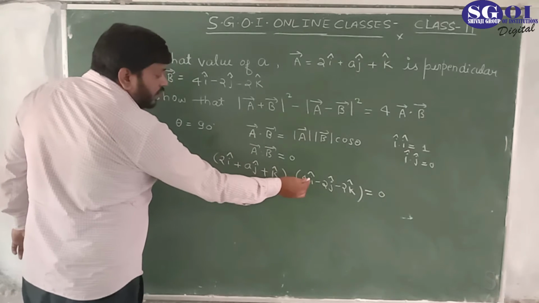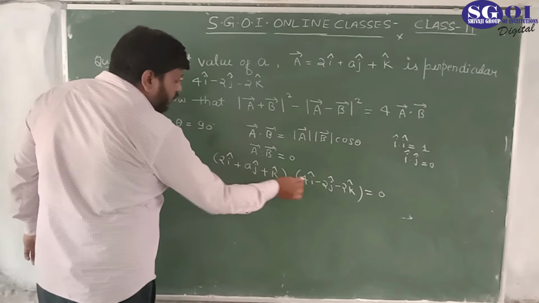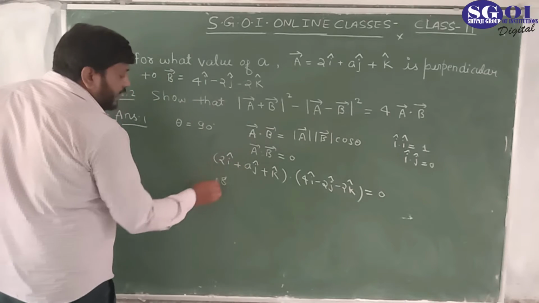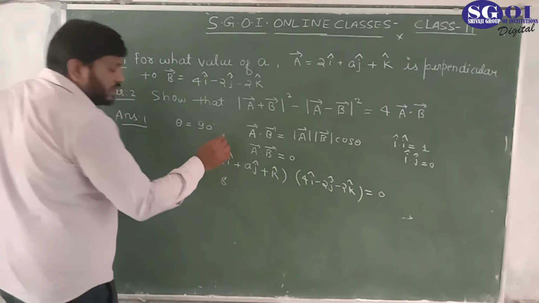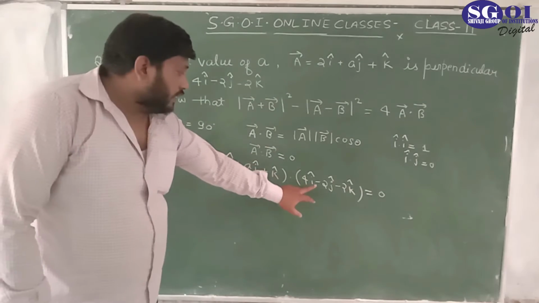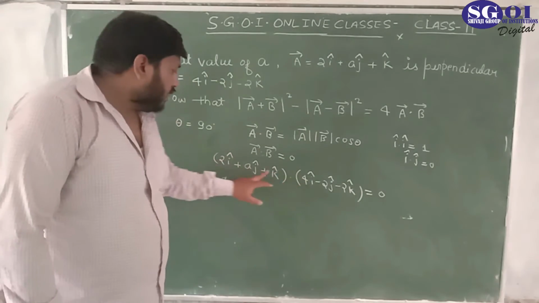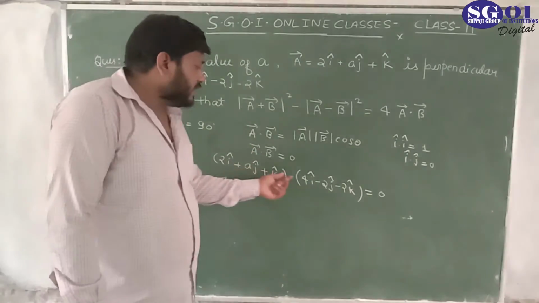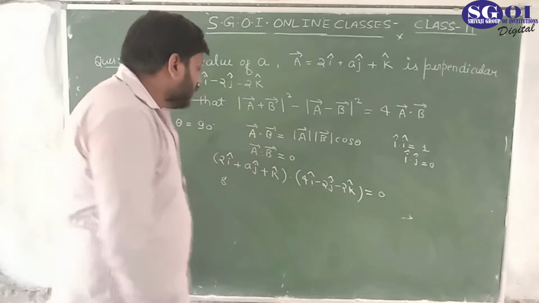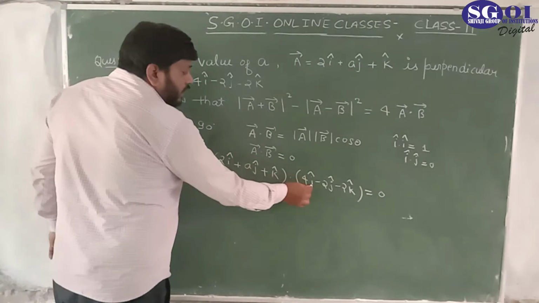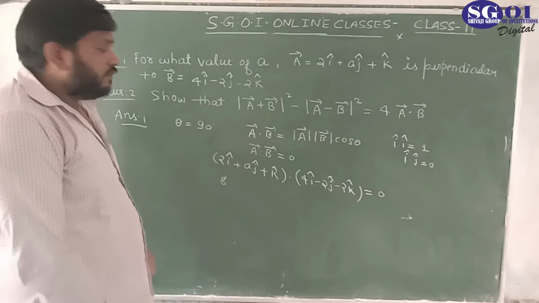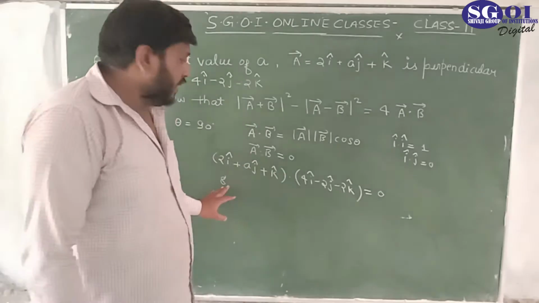So we have to consider this dot product: 4 into 2, magnitude 8, and i dot i is 1, so it is 8. Now the dot product of i and j is 0, so 4a we would not consider because it would become 0. We only consider the dot of the same unit vectors, that is i dot i, which results in 8.